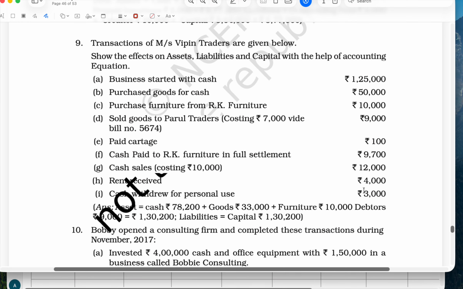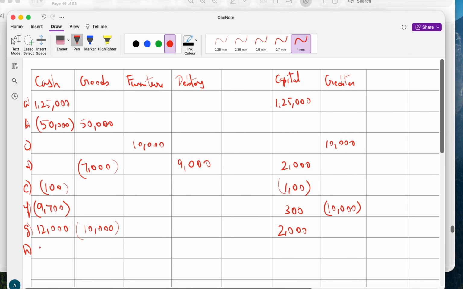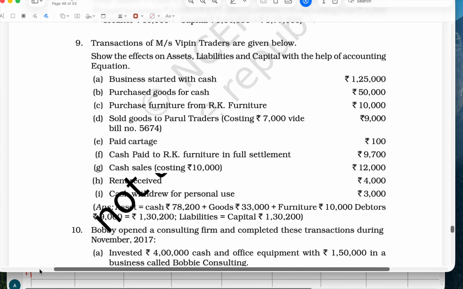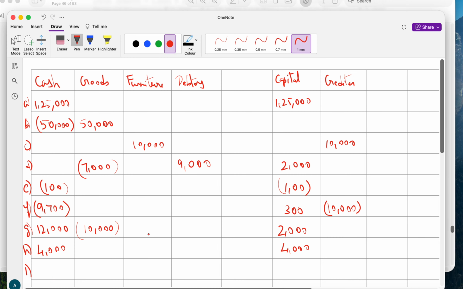H, rent received 4,000. So 4,000 rent is received, you will add it to the capital. I, cash withdrew for personal use 3,000. So it's a withdrawal 3,000 and again we have to deduct it from the capital.